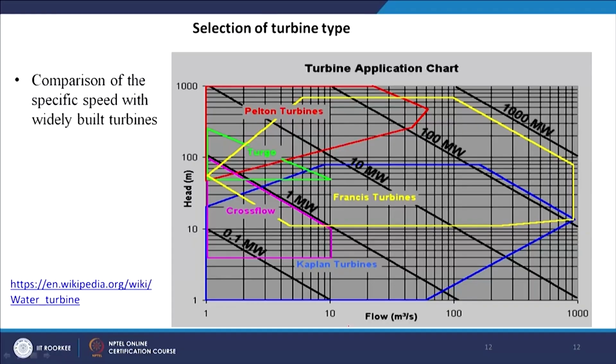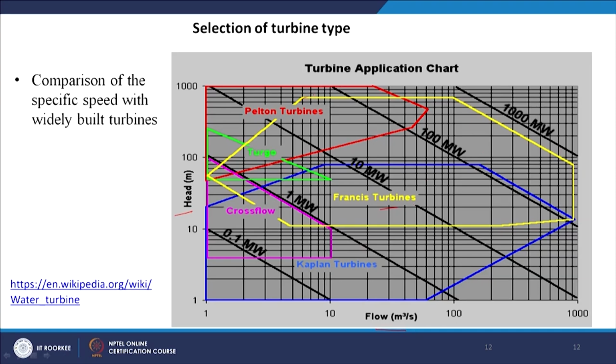This graph shows us some information. This yellow area indicates Francis turbines. Here we have head in the y axis in meter, flow in meter cube per second in the x axis, and these black lines indicate the capacity of the plant: 0.1 megawatt, 1 megawatt, 10 megawatt, 100 megawatt, 1000 megawatt.